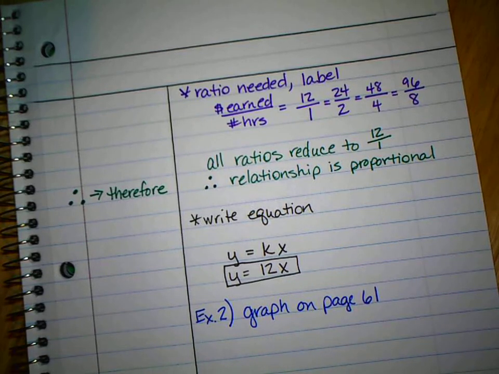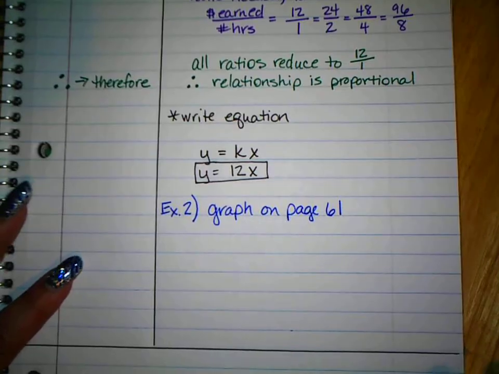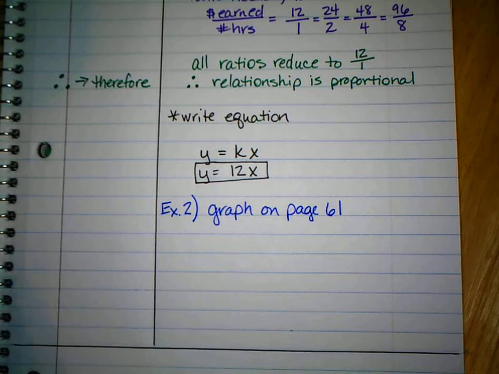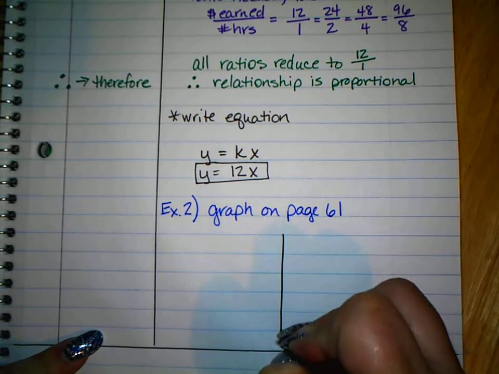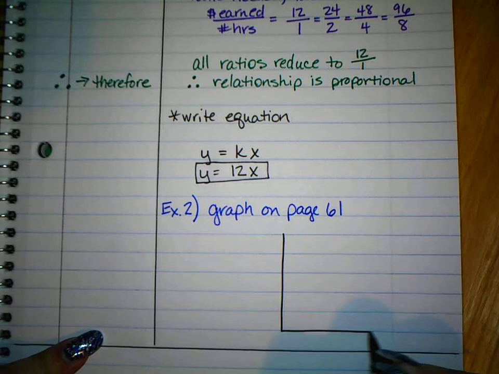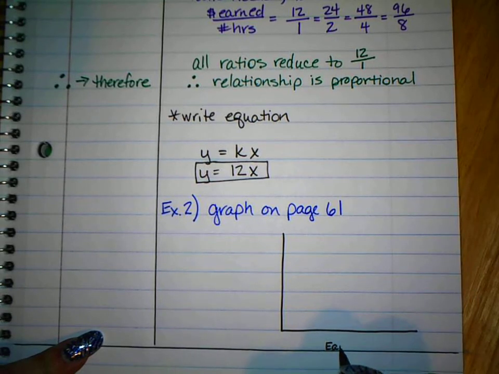It is comparing the weight of an object on the moon and the weight of the object on Earth. And we need to write the equation for this. I'm going to attempt to sketch that graph. This is the Earth weight.